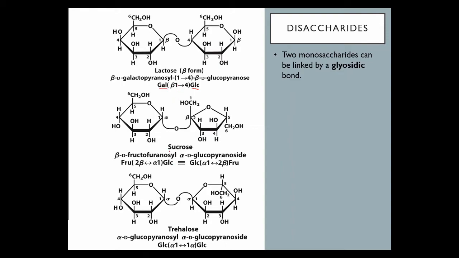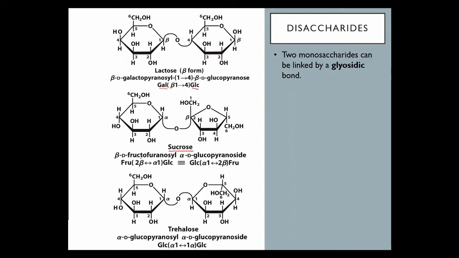Here's another one. This is sucrose. Sucrose is probably what you have in your kitchen and buy at the grocery store in big 5-pound bags, and it is a disaccharide of fructose and glucose. They're both in this case connected at their anomeric carbons, so it can be written either way.